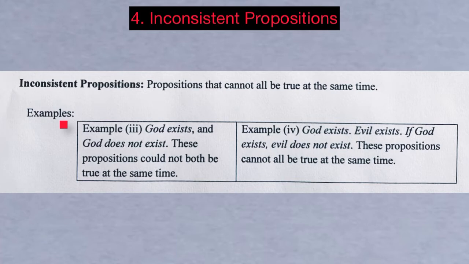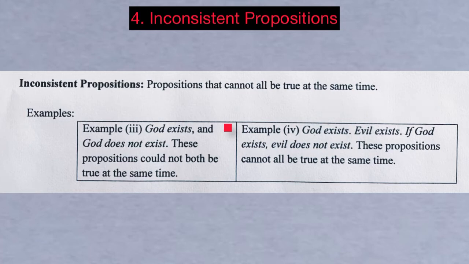Here's another example, in example 4. Consider these propositions. God exists, evil exists, and if God exists, evil does not exist. Can these propositions all be true at the same time? Think about that for yourself. If it's true that if God exists, evil does not exist, and it's true that God exists, then it's false that evil exists.